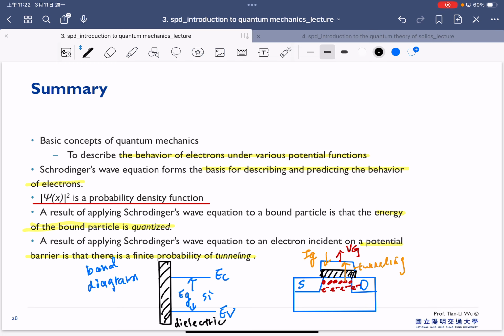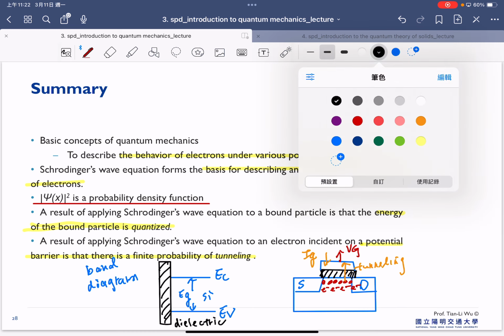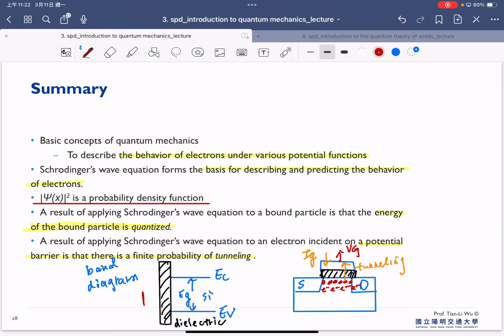So right now, we can use this Venn diagram to illustrate how the tunneling can happen. Again, once we apply the positive gate bias here, the diagram is pulled down. We will talk about why the positive gate bias pulls it down in the Venn diagram later, because that's related to the Poisson equation.